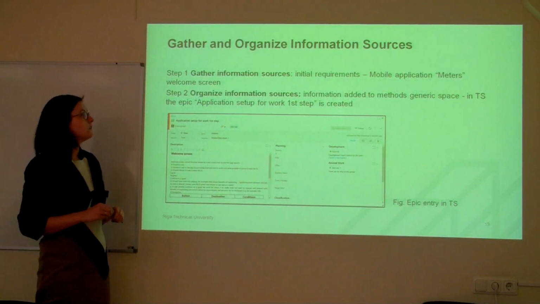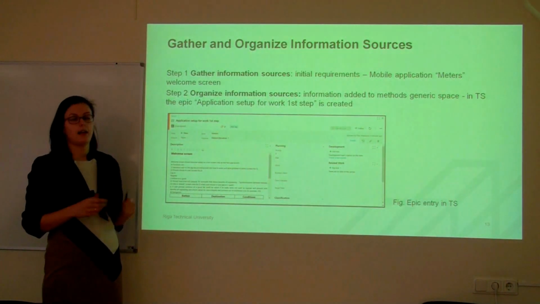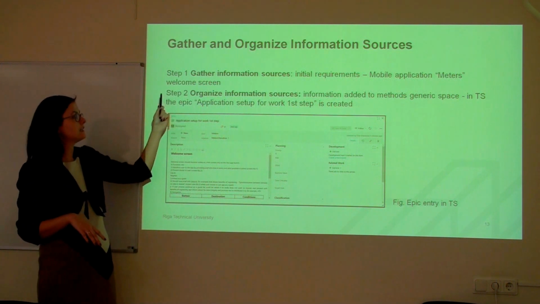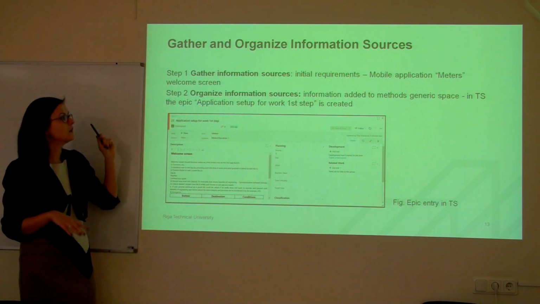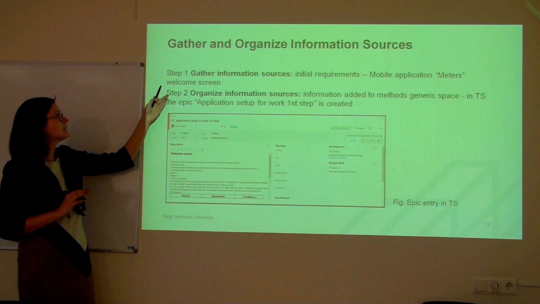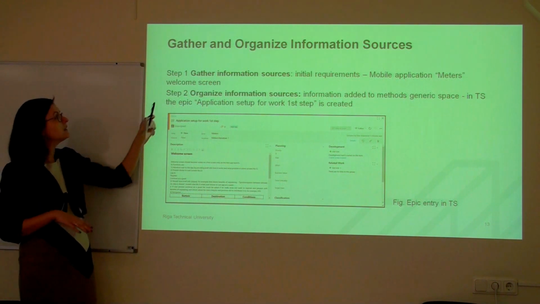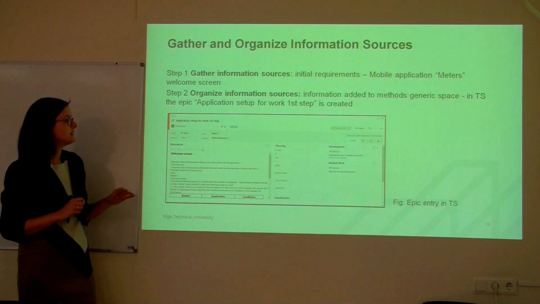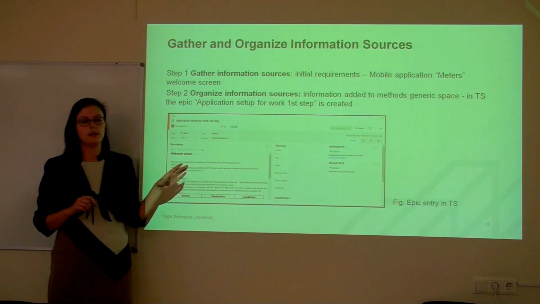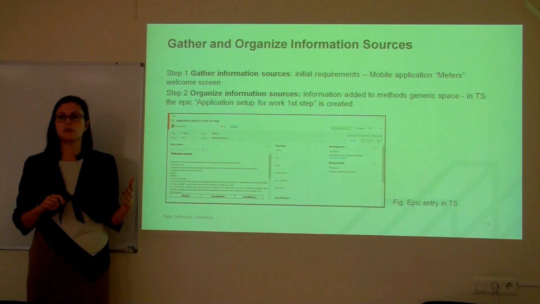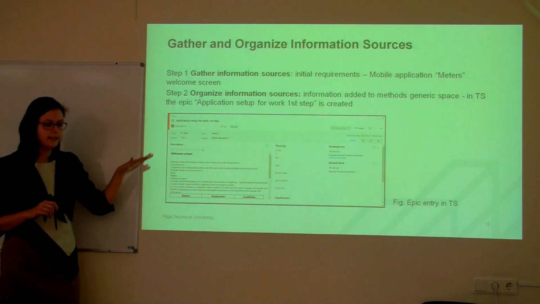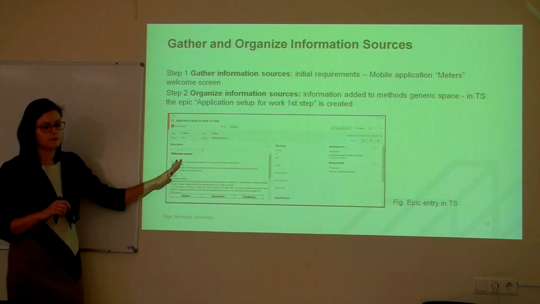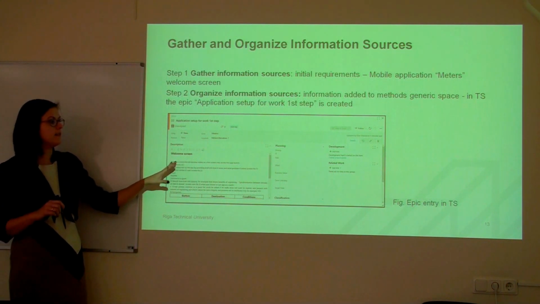And this is gather information sources. I have these initial requirements. Step 1 concluded. Then step 2, organize information sources. I have created the epic story for the Scrum or Agile methodology. There is a hierarchy. Epic stories say everything about the welcome screen, and the scope is a welcome screen.